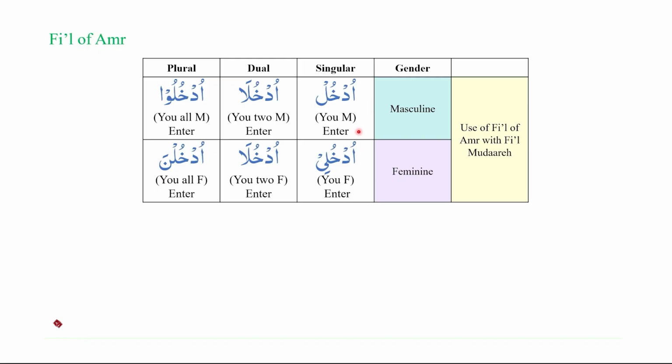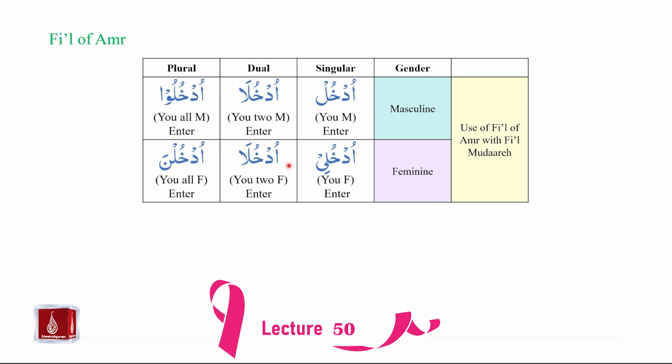We are referring directly to the second person and ordering them to enter. Udkhula, you two enter, referring to the masculine gender. Udkhulu, all of you enter, referring to the masculine gender. Udkhuli, you enter, referring to the feminine gender. Udkhula, you two feminine enter. Udkhulna, all of you feminine enter.